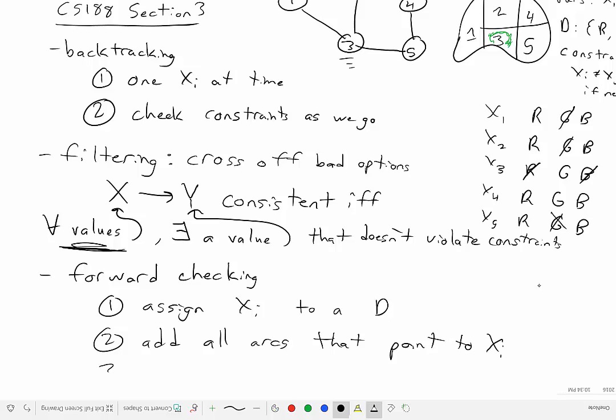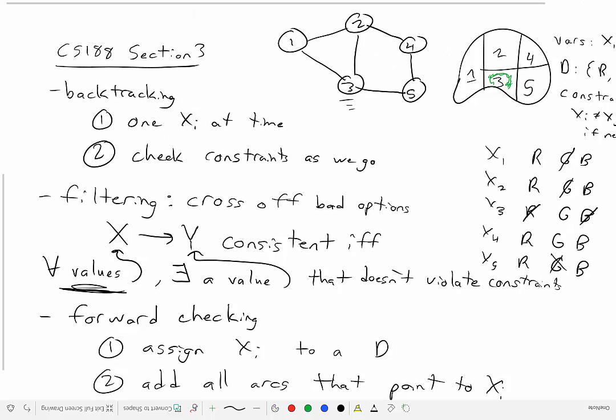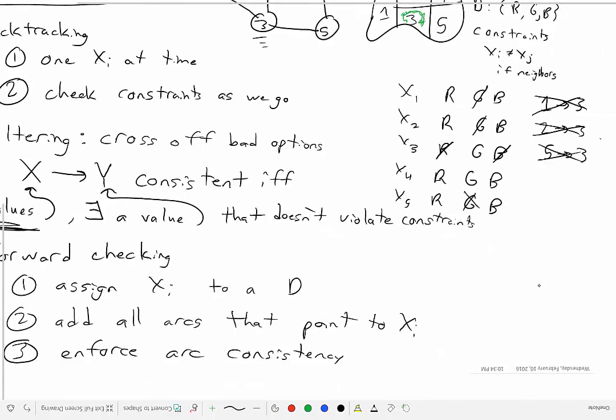And then finally, you enforce arc consistency on those arcs. Okay, great. So that's forward checking, and that's enforcing arc consistency.